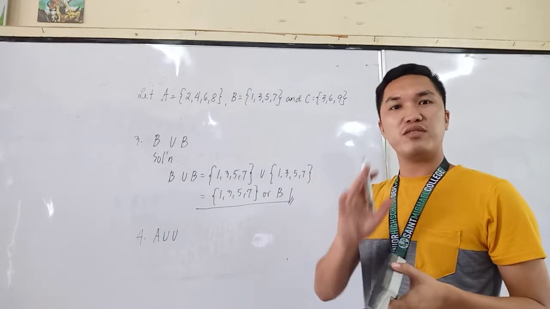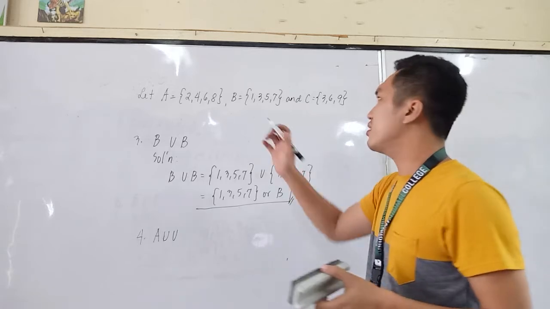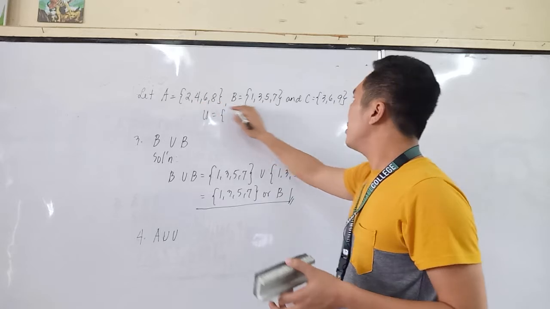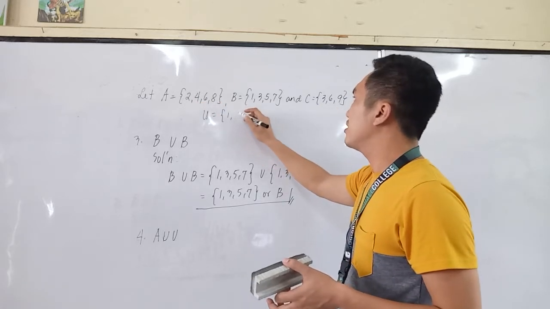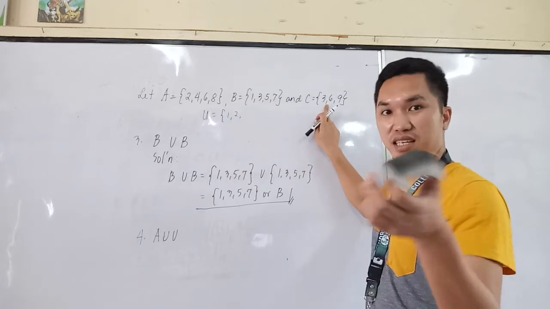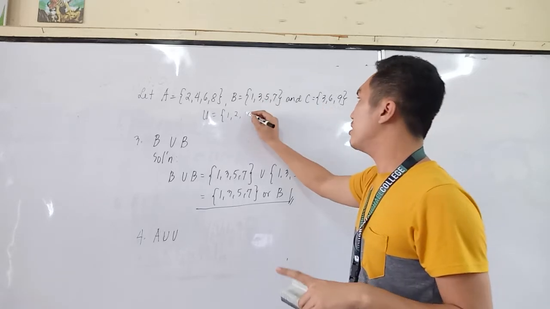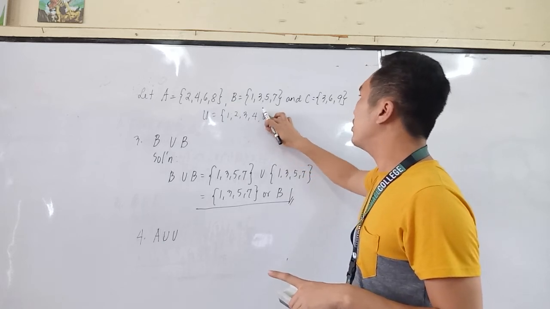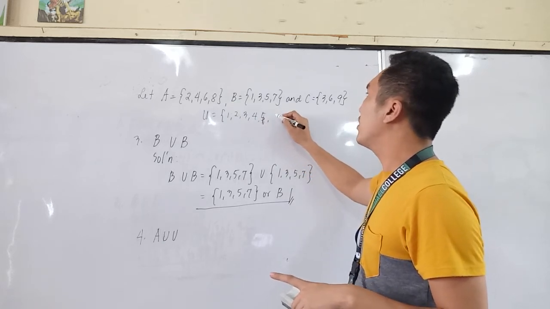If we make the universal set, we will start with 1. We have 2, 3 here. Since 3 is identical, we will just write it once. 3, 4, 5, we also have 5, 6.